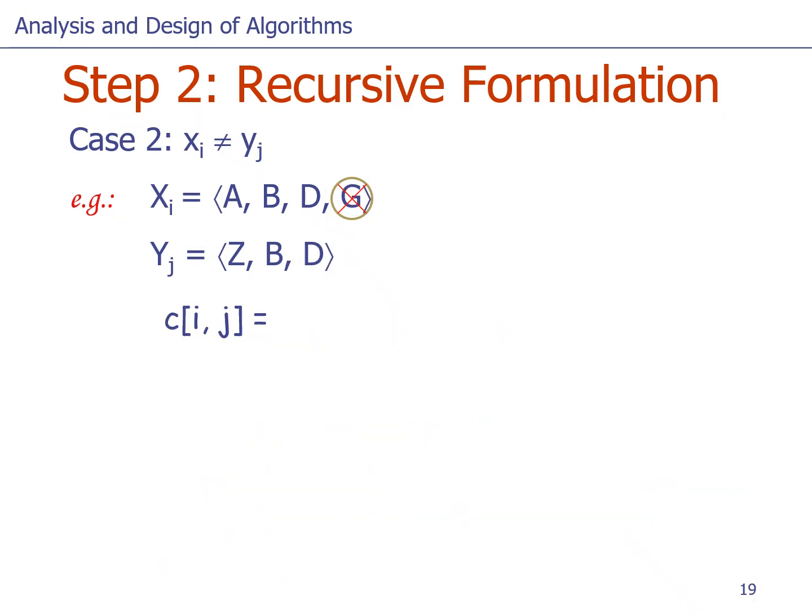Now, the second case is when the two letters we're currently considering are not matching. What that means is I'm not going to increment my LCS count. But the question is, what is the optimal solution now? The optimal solution is a solution that I have generated previously.